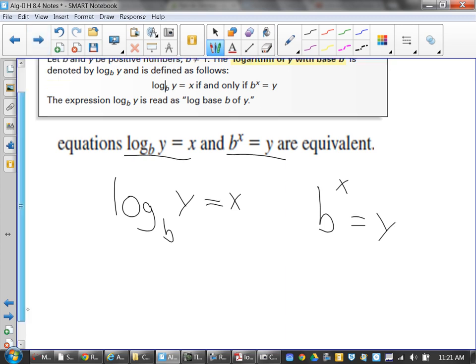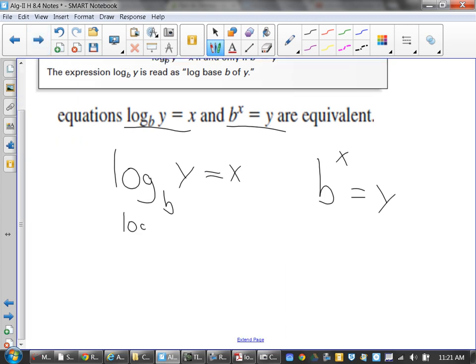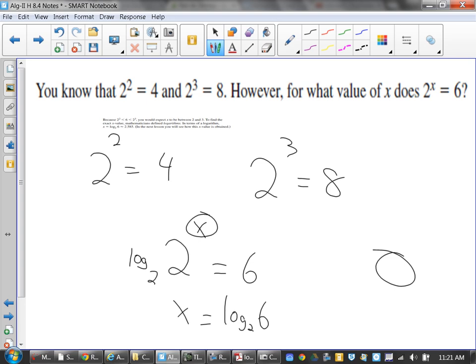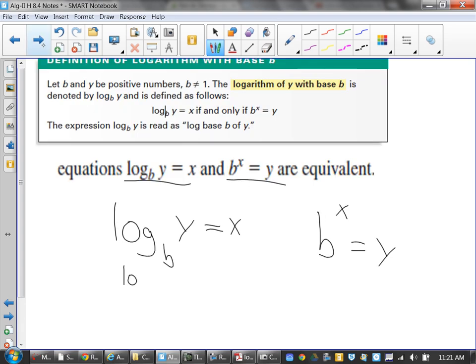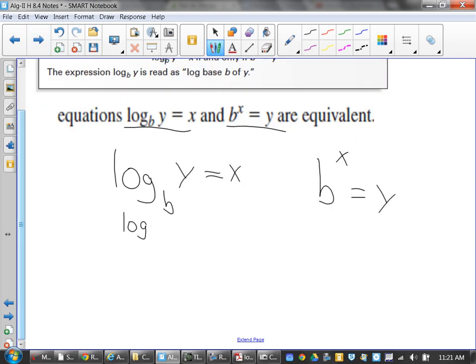Excuse me. So like I said, this is your logarithmic form. This thing is just all sorts of messed up today. Logarithm form, this is exponential.